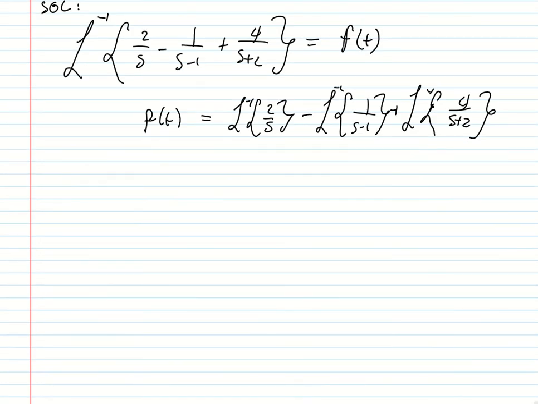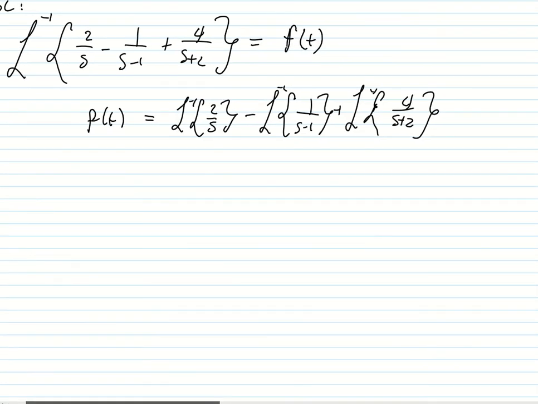So how do we go back to the t domain? For 2 over s, remember, what function in t domain, when we take the Laplace, will result in 2 over s? If you look at the table, remember, what's the Laplace of a constant k?